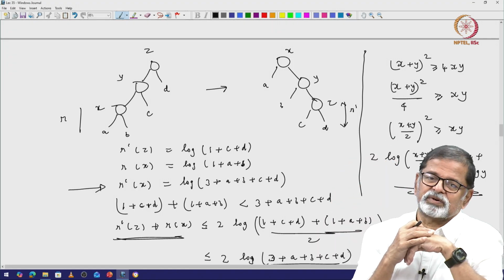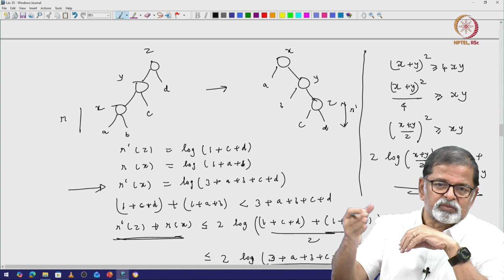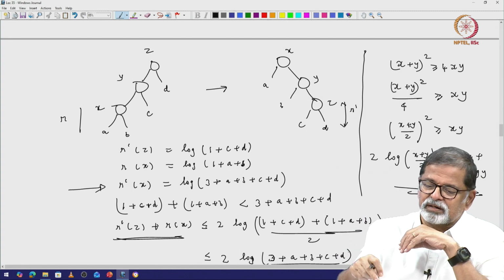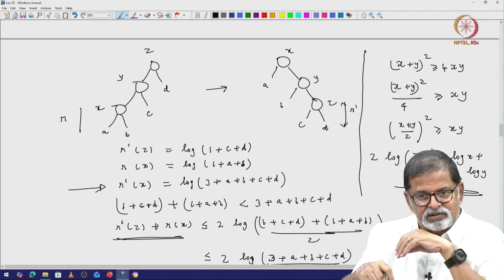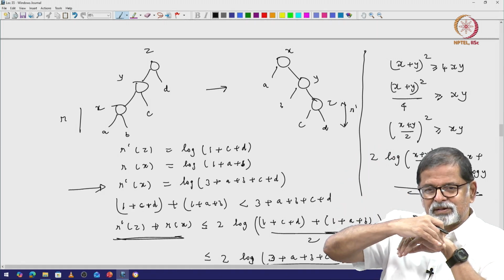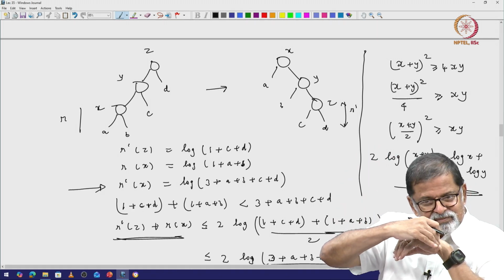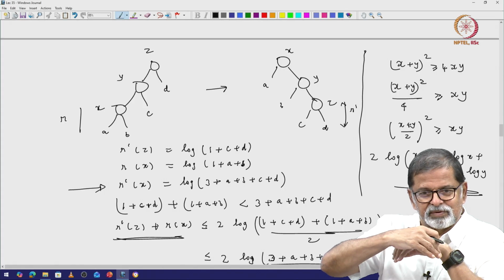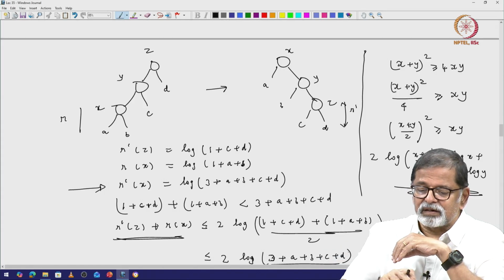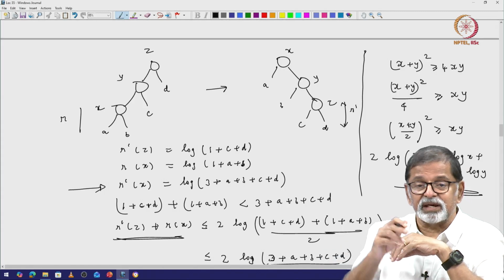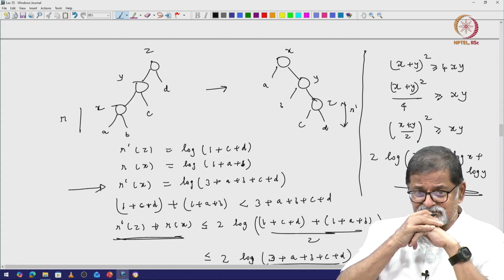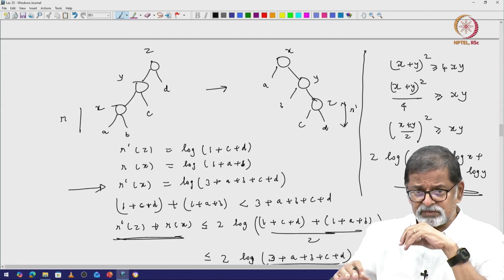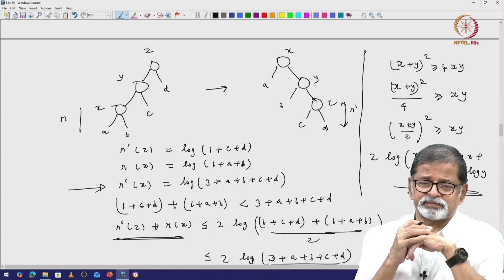What do you do to search for x? Start from the root and then keep going down, and first you would have come to z, then you would have come to y, and then you would have come to x. So, that has some cost, that is order 1 cost. Then this configuration t is converted into t dash in one step. That is another one.